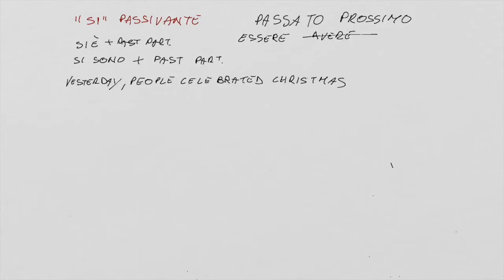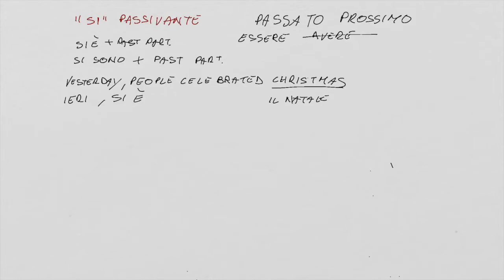Yesterday, people celebrated Christmas. Now, the si passivante in this case must be combined with the singular verb è, since the direct object Christmas in Italian, il Natale, is a singular and masculine noun. So, ieri si è.